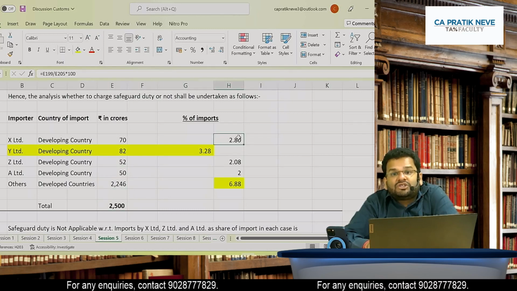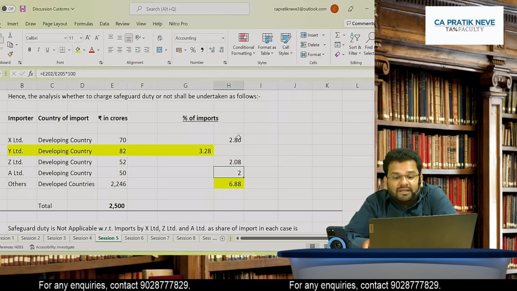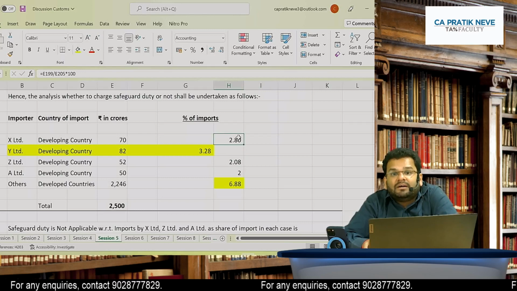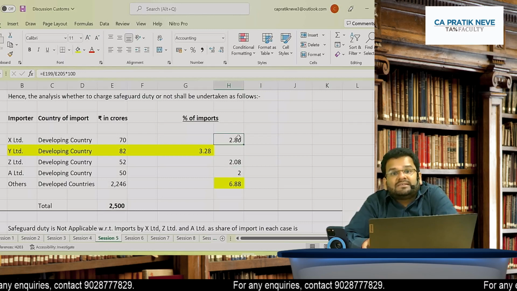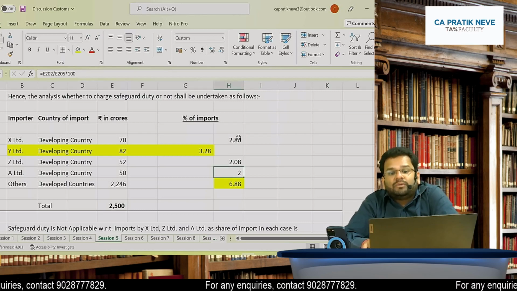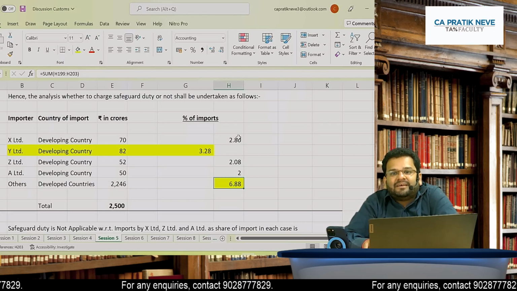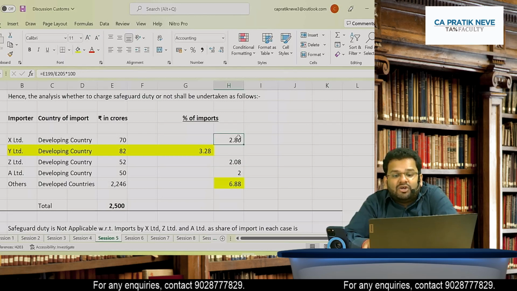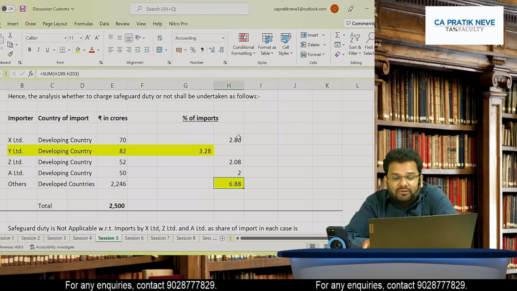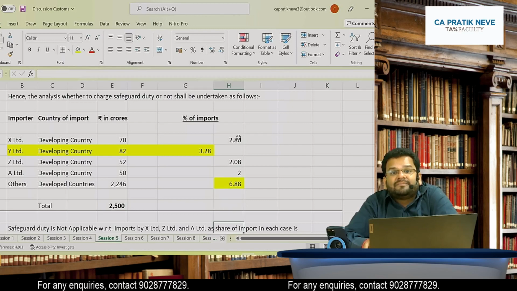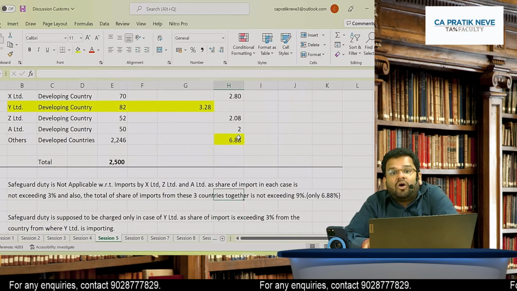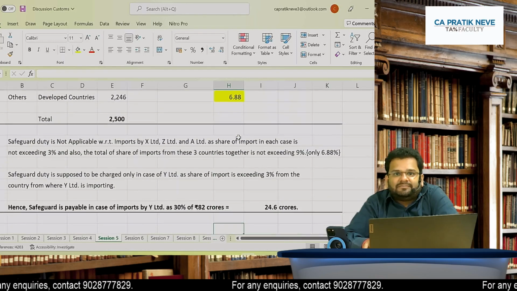Now don't charge is the solution in 3 cases. Sum total in these 3 cases is how much? Is only 6.88. It is not exceeding 9. So don't charge in any of the case. If here it was exceeding 9, then charge in all the 3 cases.